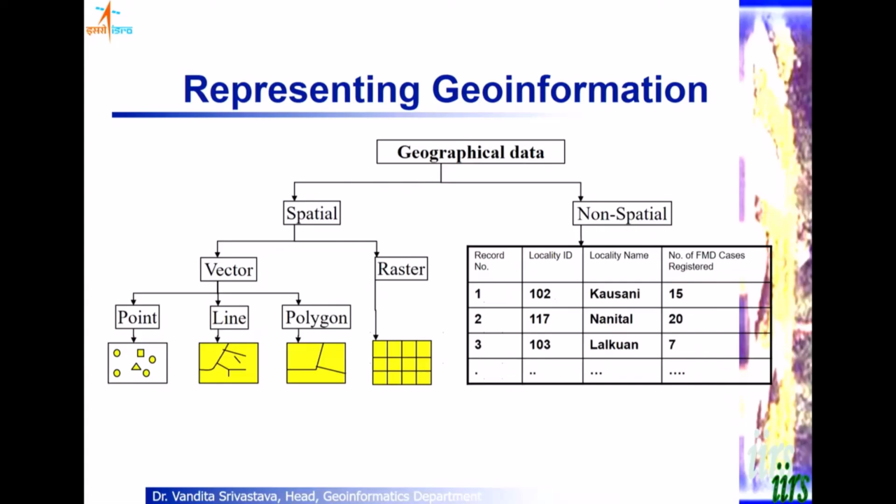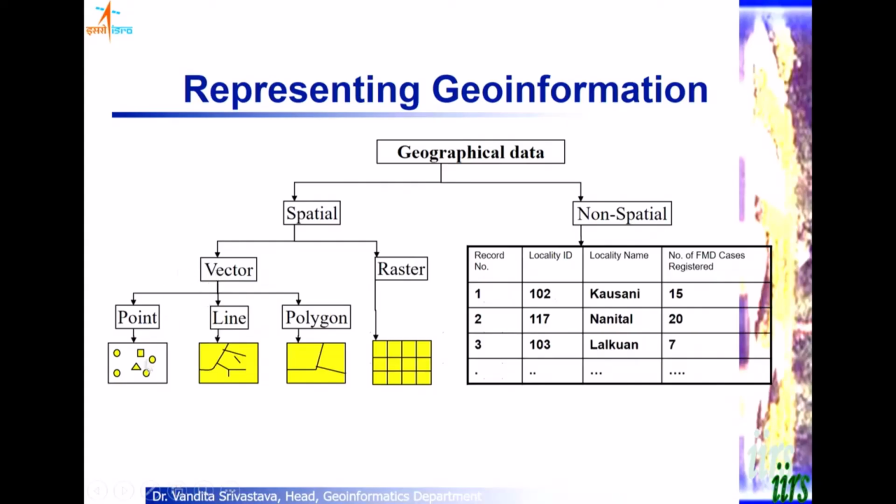But if we are talking about high resolution imaging, which is providing very large scale maps, then we see much detailed information about a smaller area, and at that time we will represent city as a polygon. In fact, inside the city, the features also we can represent as polygons. So it depends upon the scale at which we are representing. Accordingly, we will choose whether it will be a point feature or line feature or an area feature.